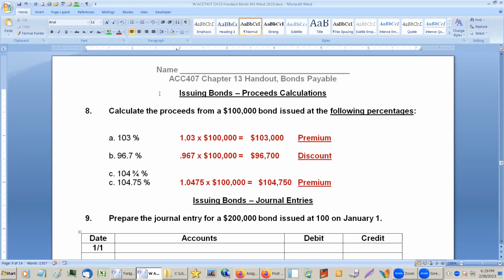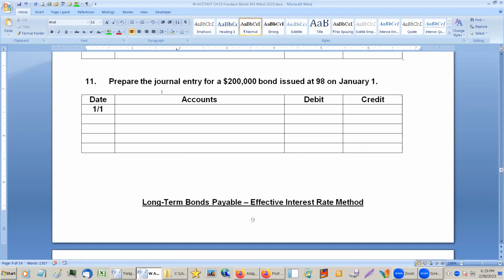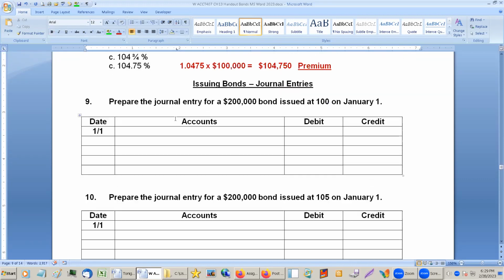Okay. So now we're going to get to the journal entries. Journal entry: sold a $200,000 bond issue at 100%. Okay, so we have cash, an asset going up, we're borrowing money.